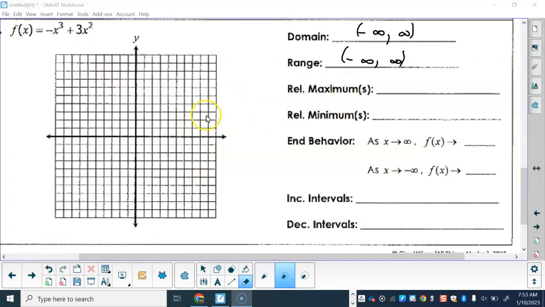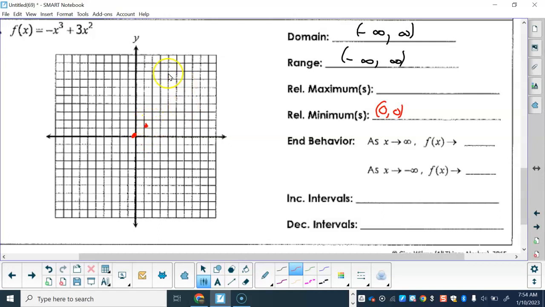From the calculator you can find your relative minimum, which is at 0, 0. And the relative maximum was at about 1.2. It's really small, so I'll do the best I can.